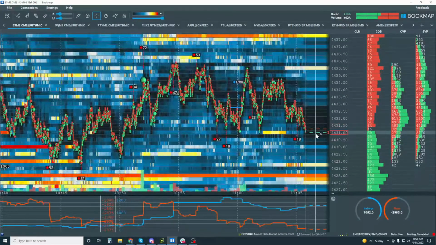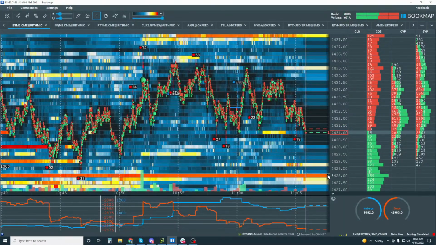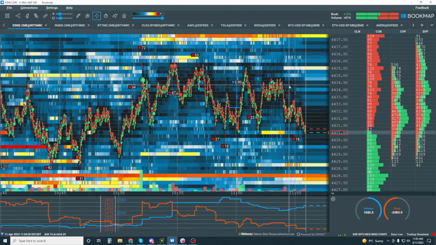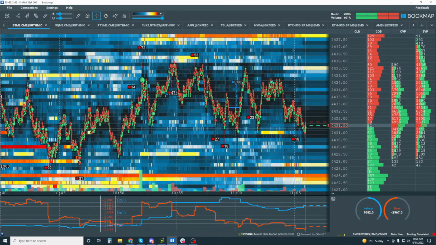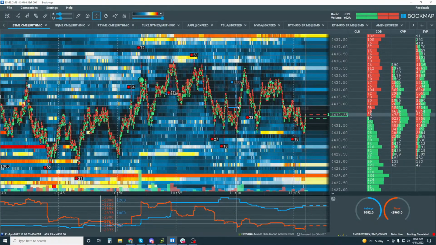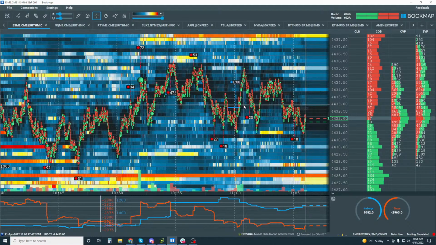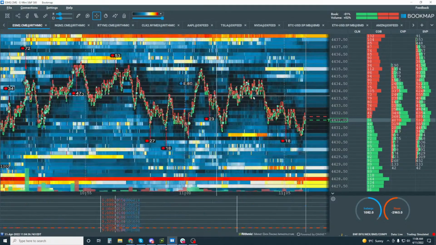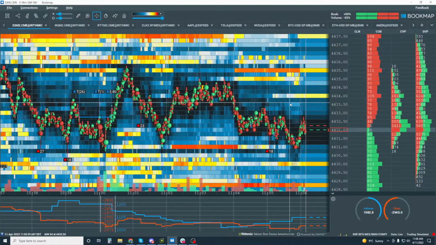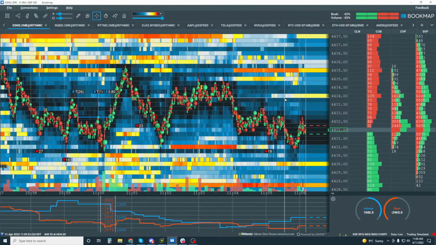Looking for follow through. Sellers hitting the bid. Okay, through our point of control. Hey, if it fails and we get buyers up here, then it's off.